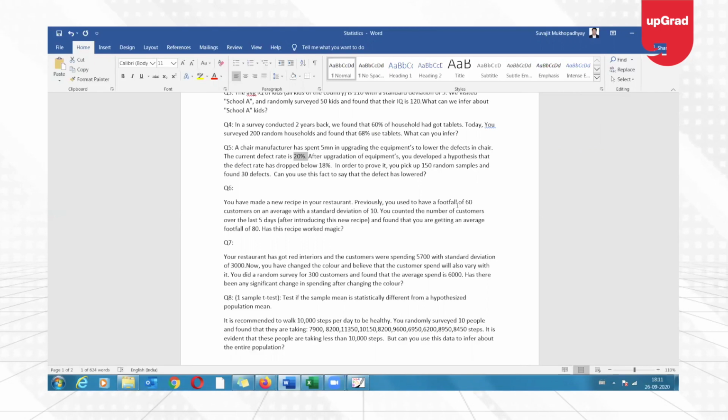So the chair manufacturer spent some money, around 5 million, and he upgraded the equipments to ensure that the defect rate drops. So you are asked to develop a hypothesis that the defect rate has dropped below 18%, or rather you are asked to test a hypothesis.